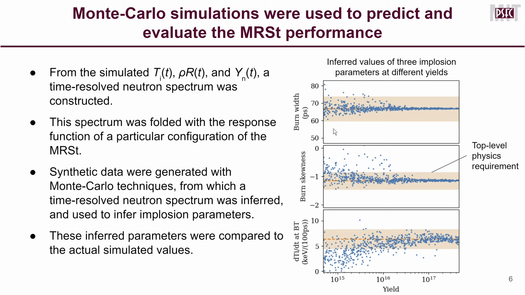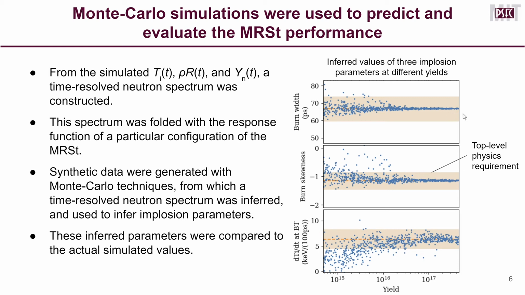As we vary the yield of the simulated implosions and thus the statistics in them, we see that the accuracy of these inferred implosion parameter measurements, represented by the blue dots, gets better as they get closer together and converge at the orange line, which represents the correct value that they converge to at high yields. And then the shaded orange regions represent the previously shown physics requirements.